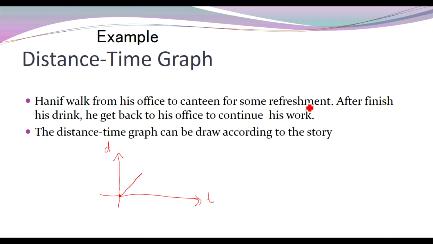For some refreshment, he stays there for some time to have a drink, so he is not moving. When he is not moving, the line of the graph will be horizontal, even though the time is increasing.